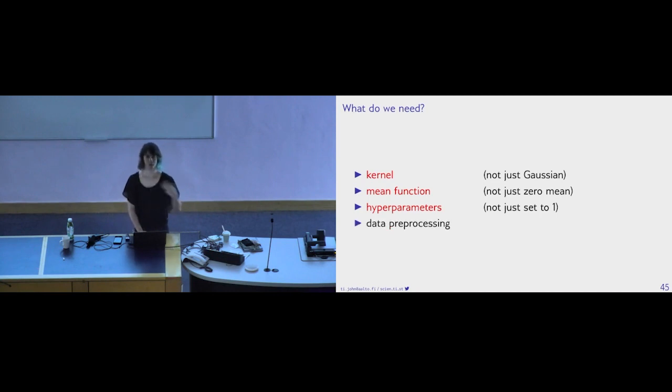I mentioned data pre-processing on the slides because it's often easier if you normalize your data, with all the input features zero mean and unit standard deviation, and the training outputs zero mean and unit standard deviation. It tends to make the numerics easier.